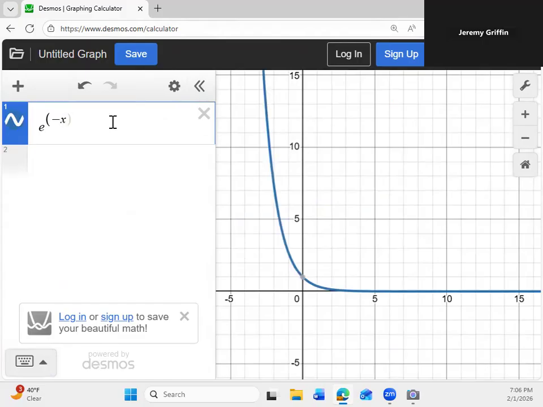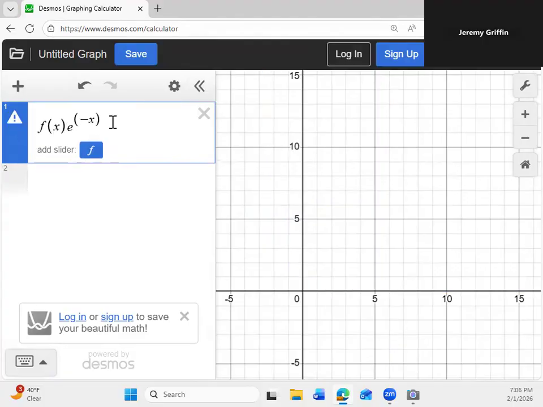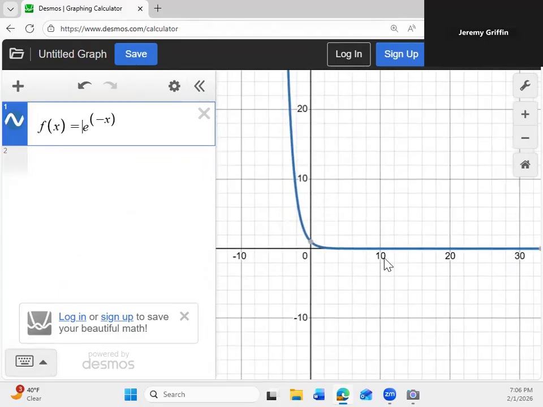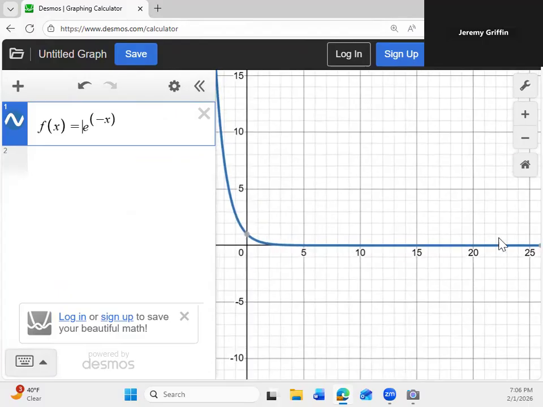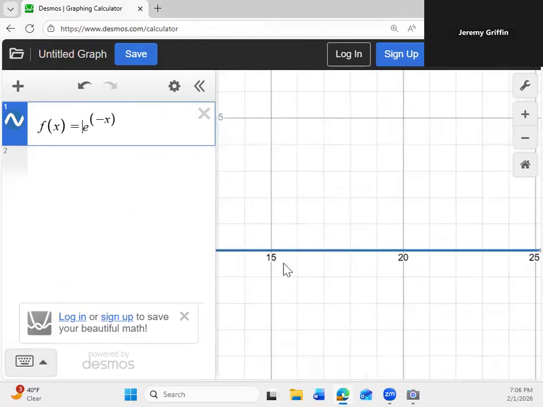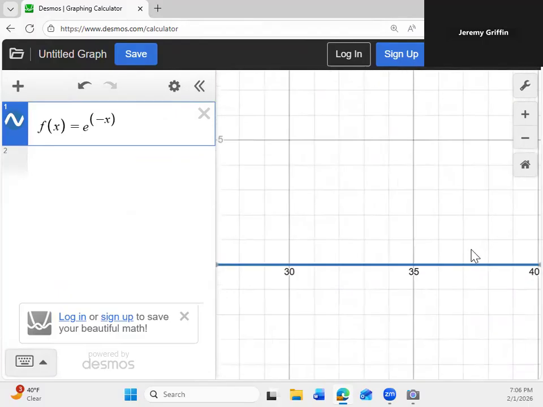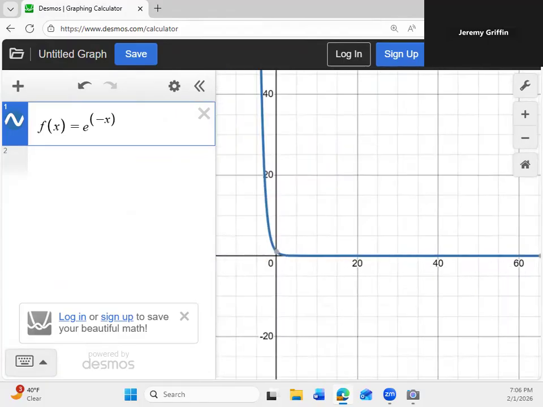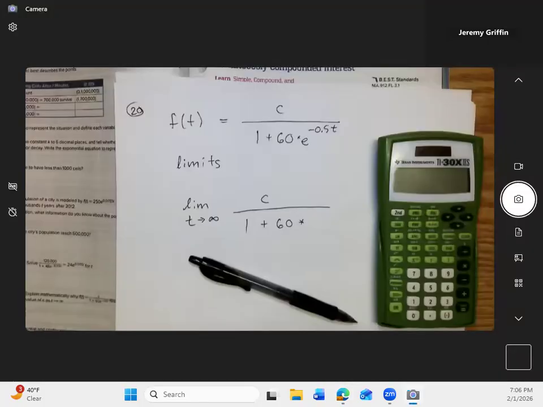Well, they gave it to us anyway, but you guys see what I'm going for. Okay, so that looks like an exponential decay curve, but you guys see as you get further and further to the right, doesn't this asymptotically approach 0? It approaches 0, doesn't it? So I think the limit would have to approach 0.